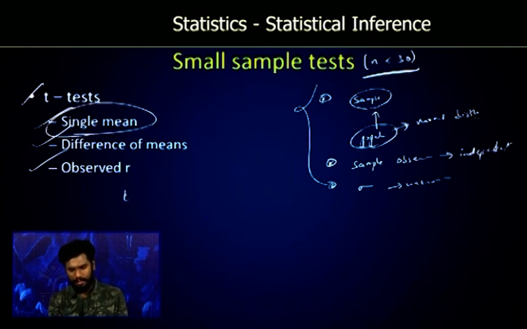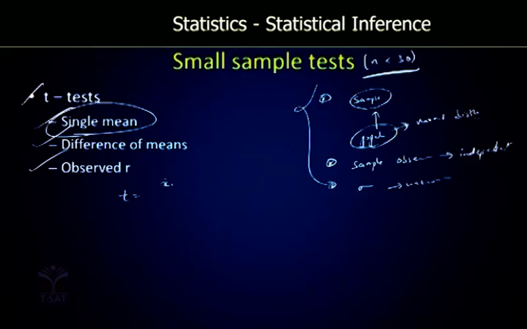The t statistic is given by x bar minus mu by capital S by root n. So what is capital S square? Capital S square is equal to 1 by n minus 1 into summation of xi minus x bar whole square. Small s square is 1 by n into summation of xi minus x bar whole square. Last class we have discussed this.